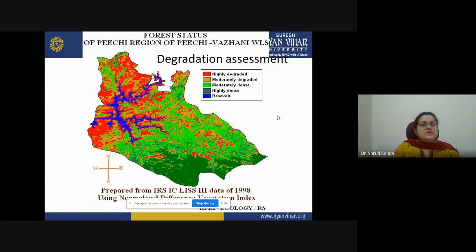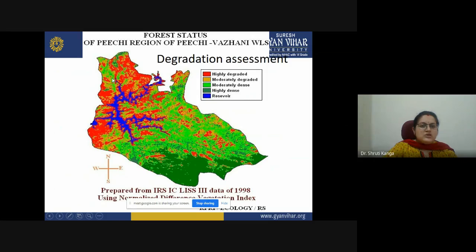Then the forest status of the Peechi region of Kerala. This is the wildlife sanctuary. You see the degradation assessment they have done. They may have taken various parameters and gone through overlay analysis of those layers, and then calculated the degradation assessment on the basis of severity.